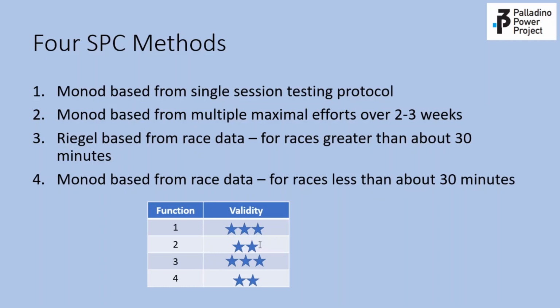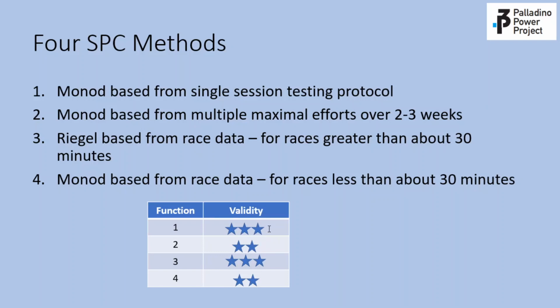If it's really high or really low, usually it's really high with this, that means there's some cause for skepticism in the FTP estimate. But nevertheless, it's good. If you did 3 good solid efforts over a period of 2 to 3 weeks, or even 2 solid efforts, you're going to get a good estimate.